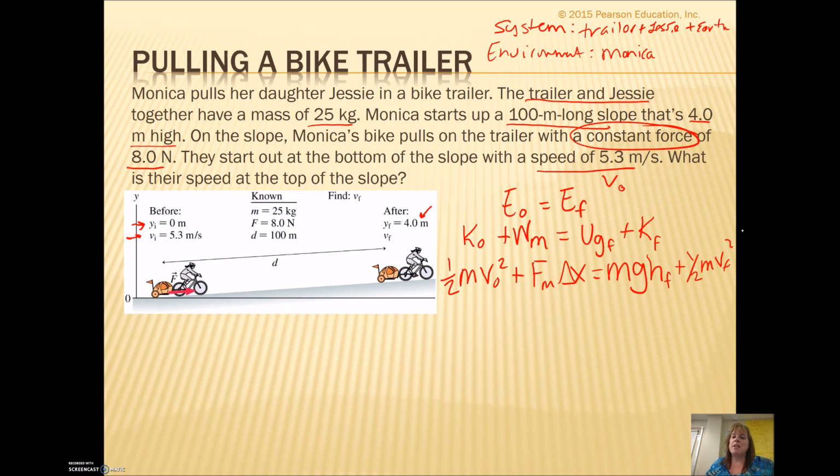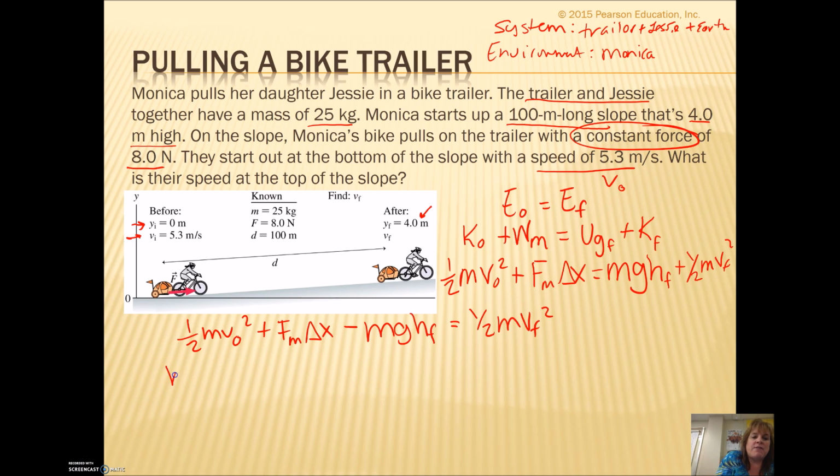All right, I'm going to rearrange this so that we can solve for velocity. I'll keep it in variables, and then we can go back and put numbers in. So I have my 1/2 m v initial squared plus the force applied by Monica times the change in distance. From that, we're going to subtract the gravitational potential energy, so we're moving that over, and that's equal to 1/2 m v final squared.